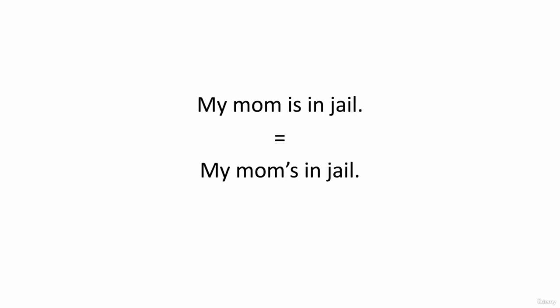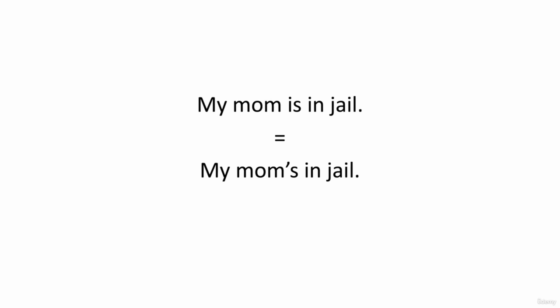Another example, my mom is in jail. My mom's in jail. As you can see, with the verb to be, we can contract it with a pronoun, but also a proper noun or singular noun. My mom's in jail.